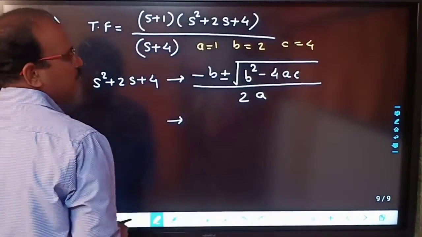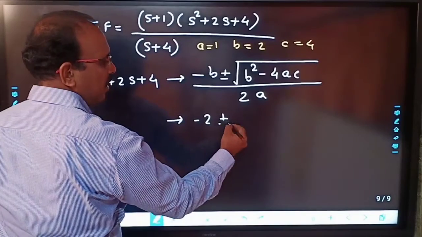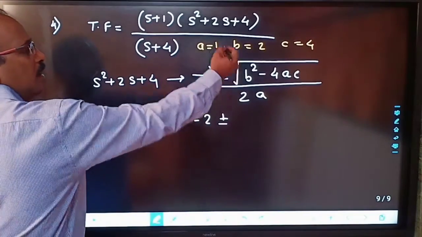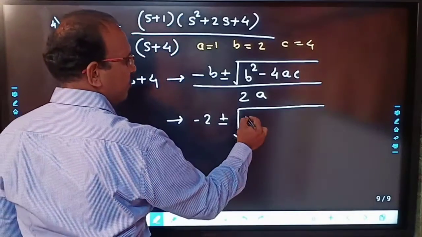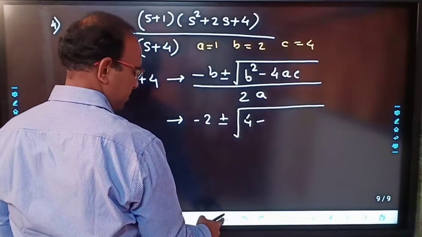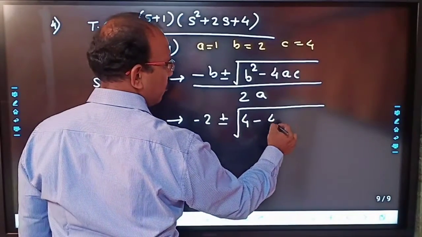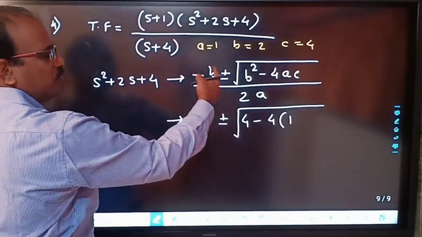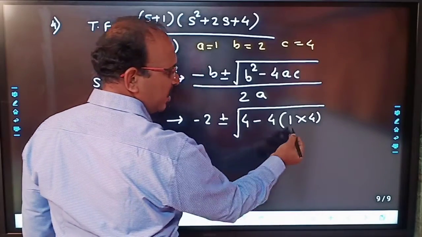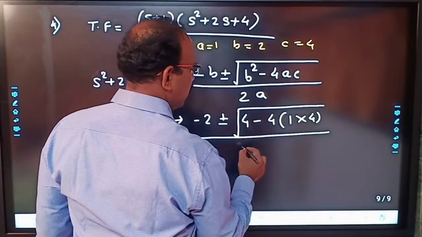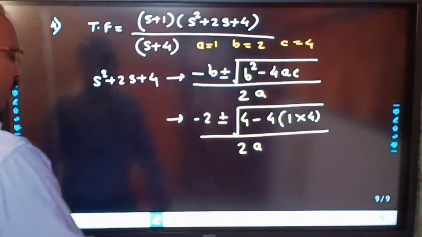This gives minus b, minus 2 plus minus root of b square, that is 4, minus 4 into a into c. A is 1, c is 4. Correct? Here we get a negative value, over 2 into a. Okay. So I reduce this.